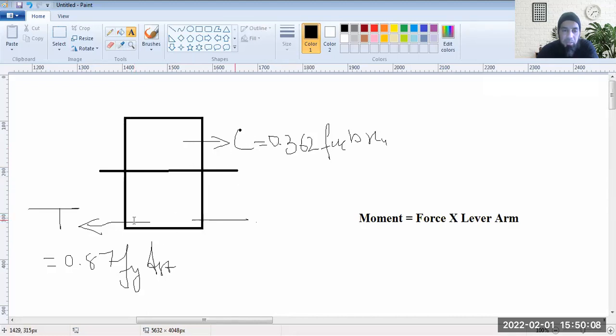C is a compressive force and T is a tensile force. They are not acting in different directions here; I'm just designating them as acting here and there. You have load coming like this onto the section. So this portion is coming in compression and this portion is getting into tension in this plane.